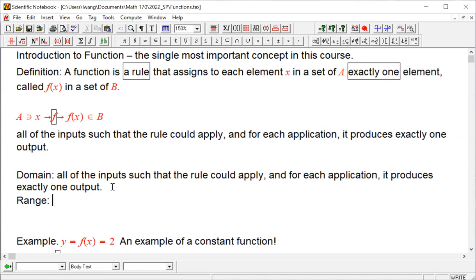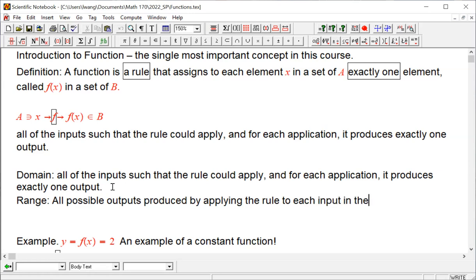So the range is a collection of all possible outputs produced by applying the rule to each input in the domain. So you can say that the range is a consequence of the domain.